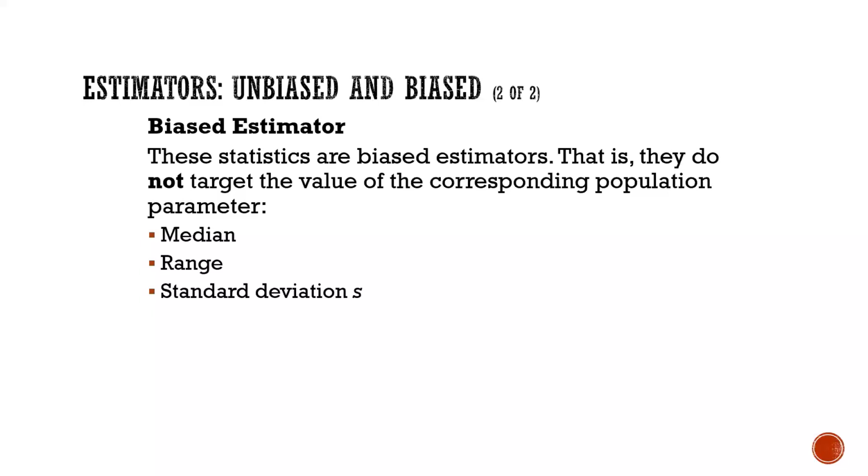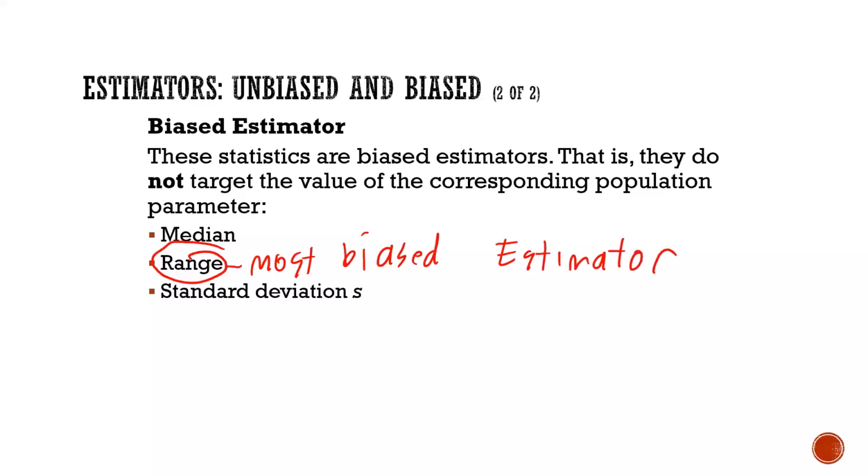I think the one that best shows this is range. You can easily see that range is probably the most biased estimator, and I'll show you what I mean by that. So let's consider the dice example.